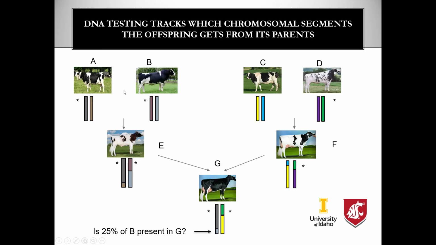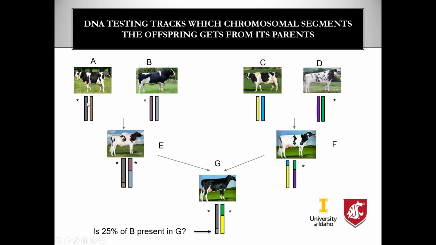Here we have the same situation, and we have color-coded the chromosomes to try to make it easier to follow. So here A has gray and brown, here we have plum and gray or blue, and here we have yellow and blue and purple and green. So in addition to the sire or dam being able to provide one of the chromosomes, in genetics, the chromosomes have to recombine or cross over.